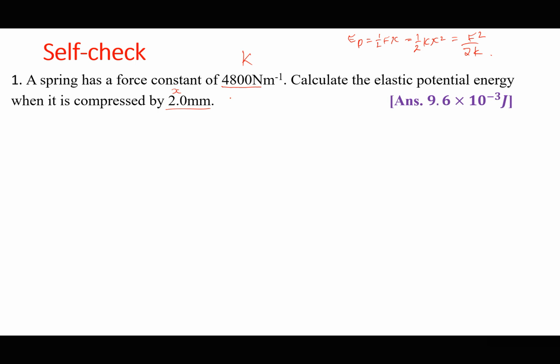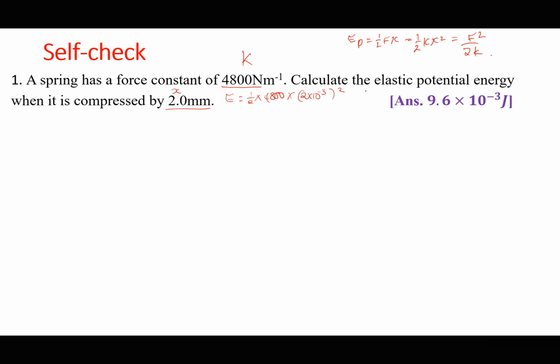So here we want to find elastic potential energy, so I'll just substitute in K and X. This will be a half times K, which is 4,800, times X, which is 2 times 10 to the power of minus 3, and this is going to be squared. Let me check.